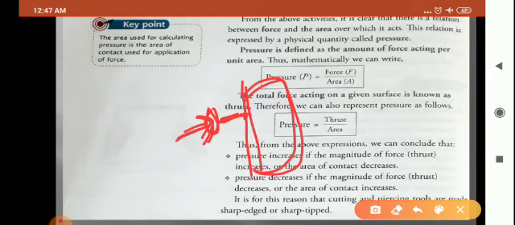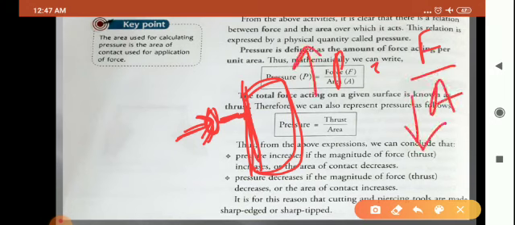Okay, so here this pointed tip of this thumb pin has less area of contact with this board, and since you know pressure is equals to force upon area, area of contact कम है तो pressure automatically क्या होगा, ज़्यादा होगा, and it will go easily inside this soft board.